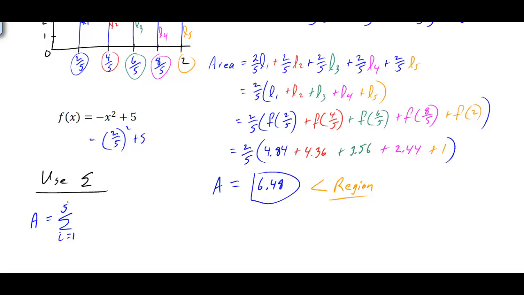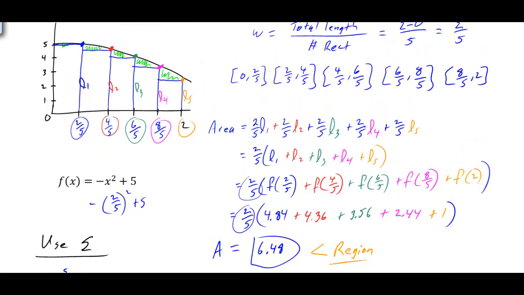Now, we know the width, just like I factored out over here, our width is always going to be 2/5. So we know that we're going to have 2/5, and now we need to figure out how we can calculate the height. Well, we're going to plug 2/5 into the function for the first one, our first L1.